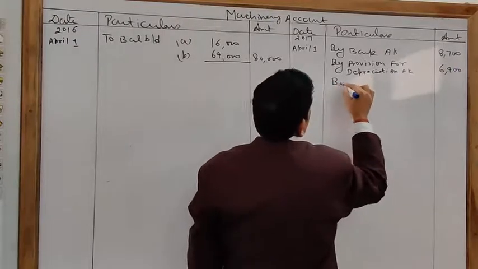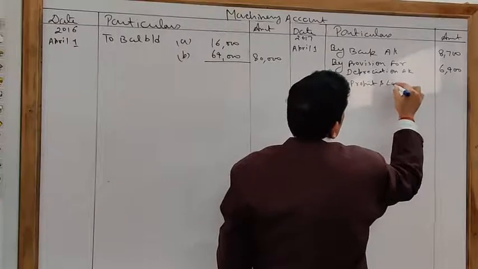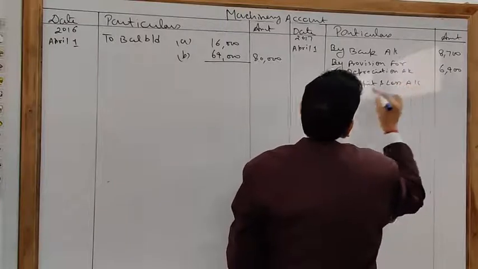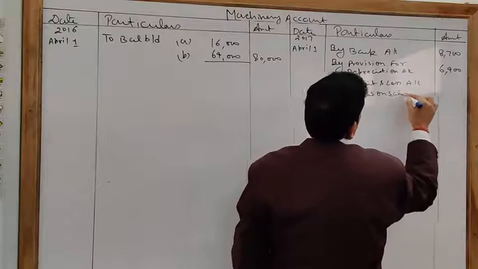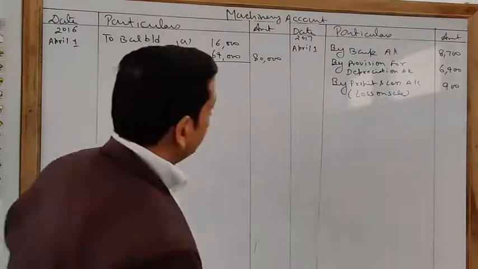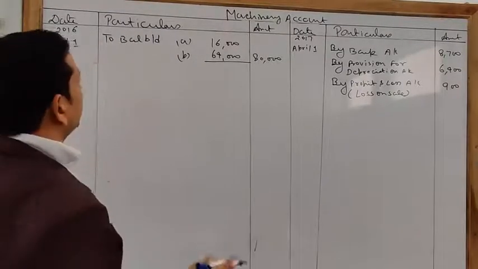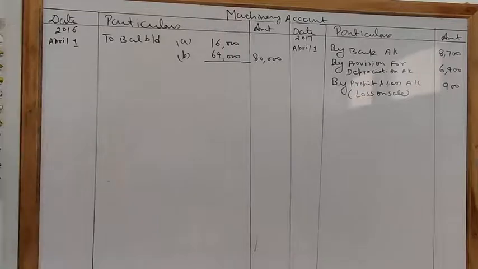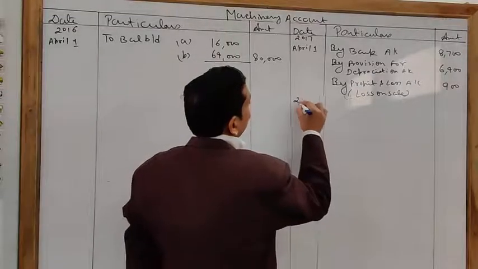And by profit and loss account, here in the bracket you can write loss on sale, that is 900. Clear? Now the posting has been done, as there is nothing to show, no other machinery has been purchased. So close the account.